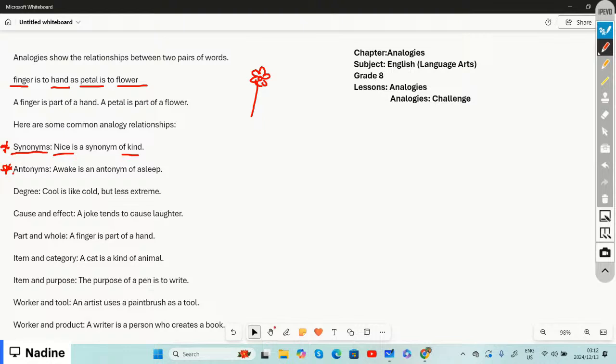If we look at an antonym relationship, words with opposite meaning, it says awake is an antonym of asleep.